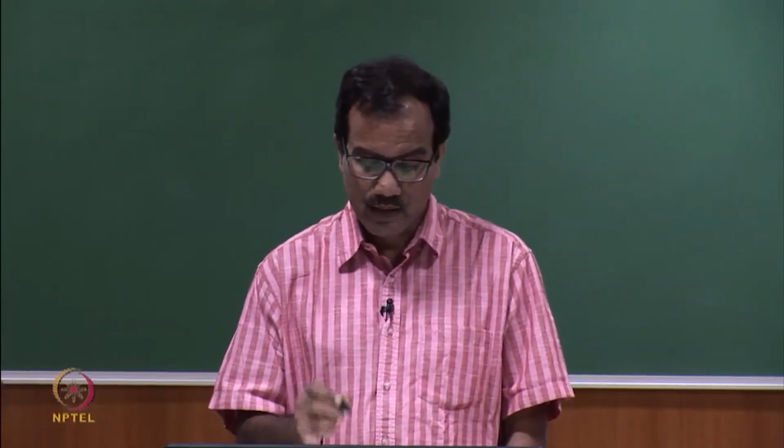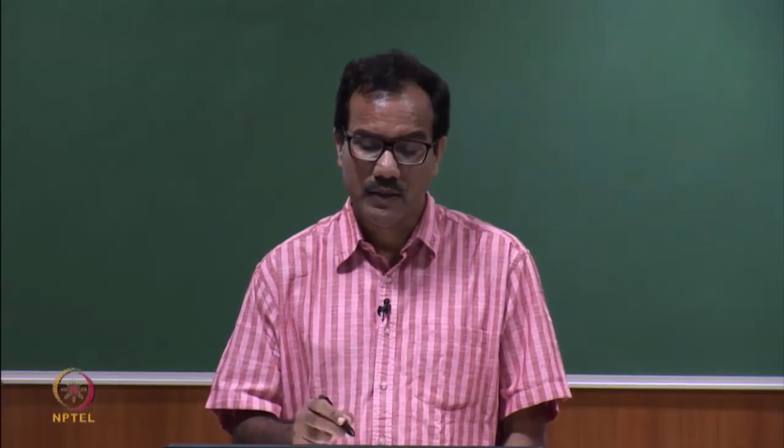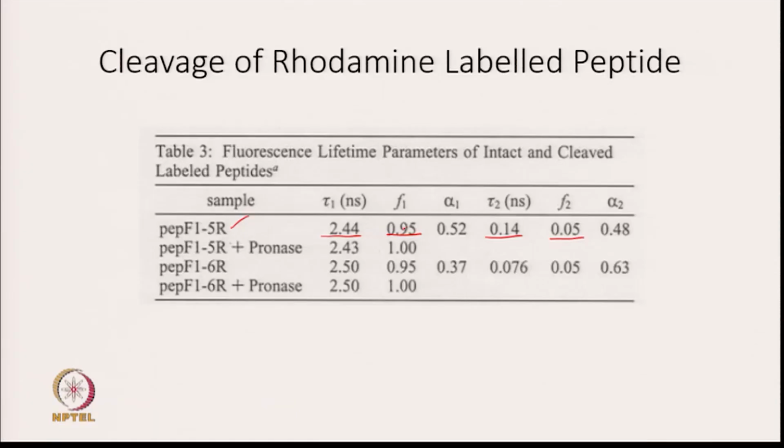So, this lifetime measurement tells you that 95% of the fluorophore is in one conformation with the lifetime 2.44 nanosecond, and the 5% are in the conformation which has lifetime 0.14 nanosecond.